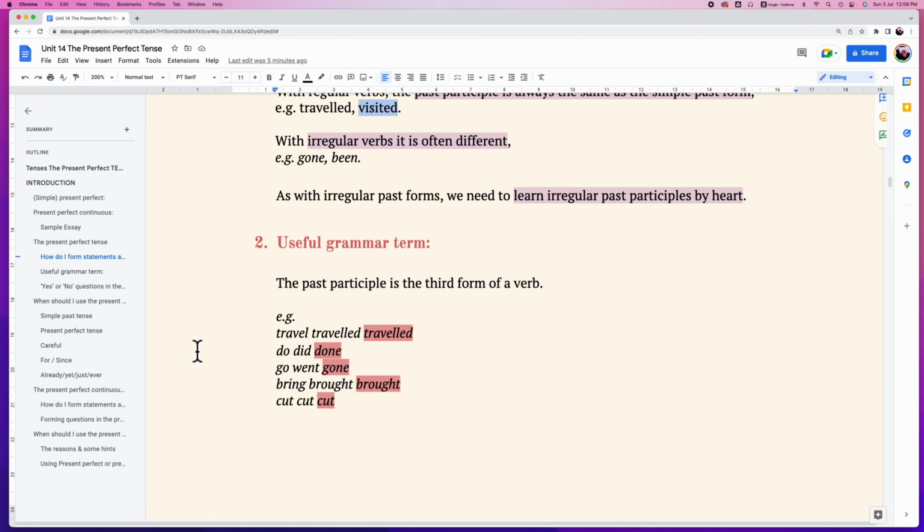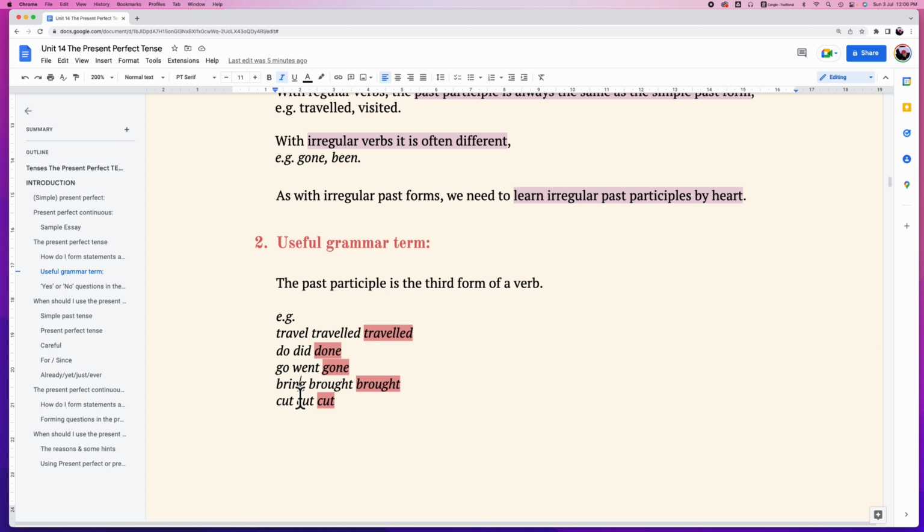And there are some examples that we could remember. Let's take a look. The past participle actually is the third form of a verb. Travel, traveled, and traveled. Do, the original form, did, and the past participle, done. Go, the original form, past tense, went, and past participle, gone.